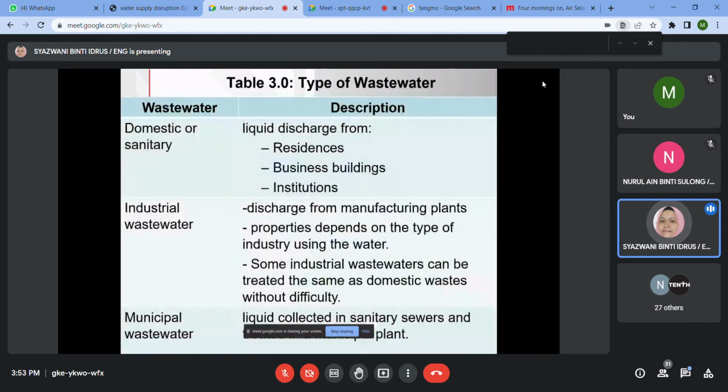Okay, domestic or sanitary wastewater is the one produced from the residential area, business, buildings, and the institution. Industrial wastewater is definitely from the factory as well as from farms.